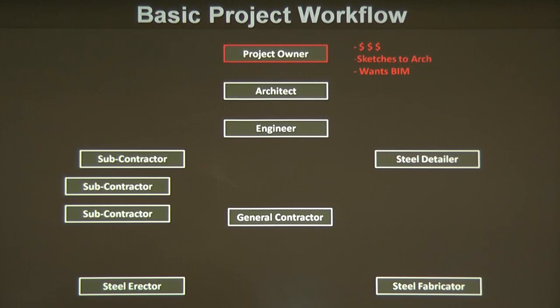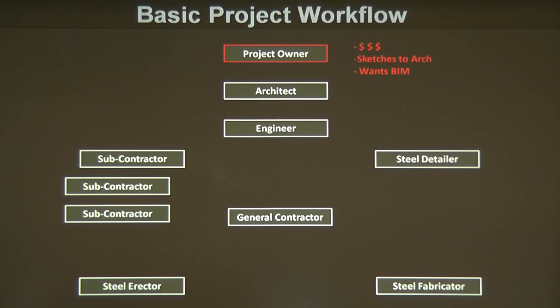So here, starting out when an owner wants to do a project, they have the money to do it. They've maybe got a couple of ideas and sketches in their head of what they want to give to the architect. But the purpose of this slide was they want BIM information. They've talked to other owners. They see the value in it, but sometimes, even with the way the contracts are written, it's not really clear what their deliverable is.